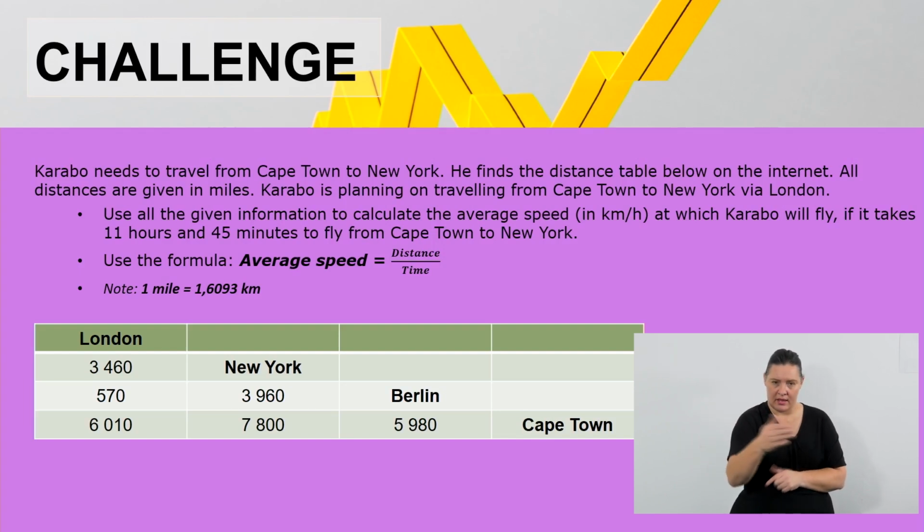Use all the given information to calculate the average speed in kilometers per hour at which Karabo will fly if it takes 11 hours and 45 minutes to fly from Cape Town to New York. Use the following formula: average speed equals distance divided by time. A note was also given that says 1 mile equals 1.6093 kilometers. I also included a distance table for you to use.